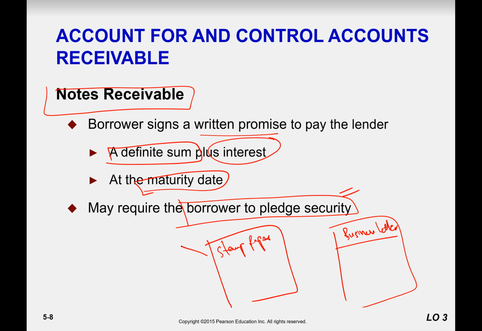Or you can have business documents, property documents, or maybe some gold, right? You must have some kind of security, so that if the borrower fails or refuses to pay you, you have something to challenge, some backup so that you can sell that and recover your amount.